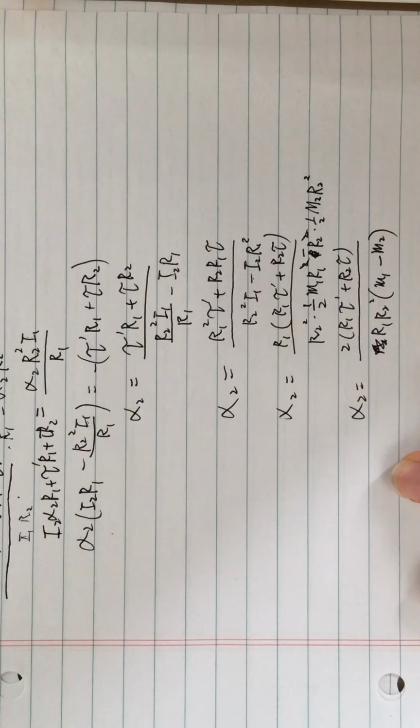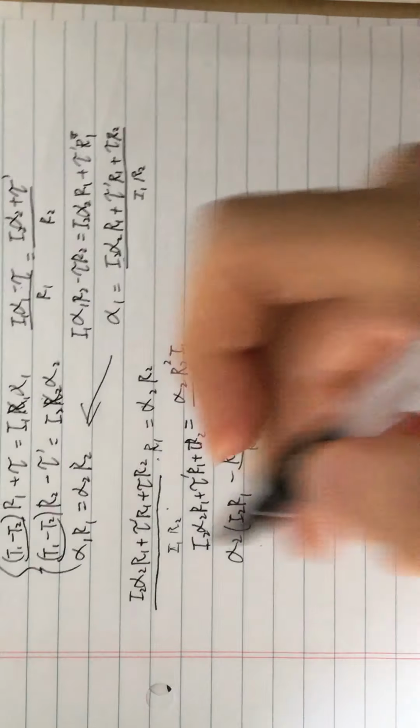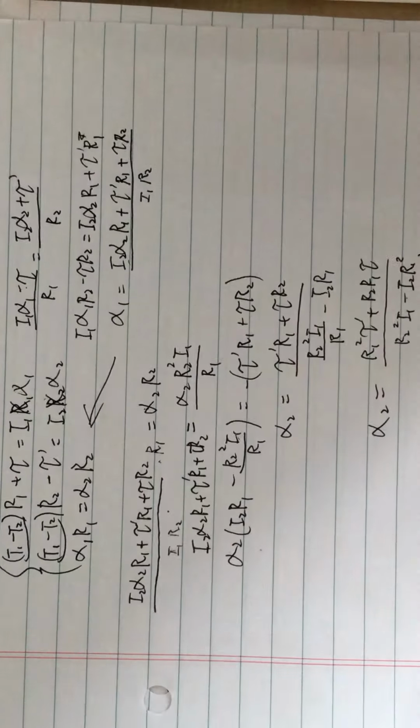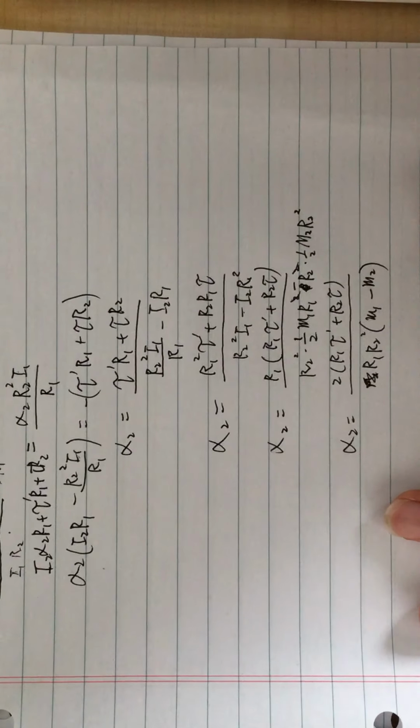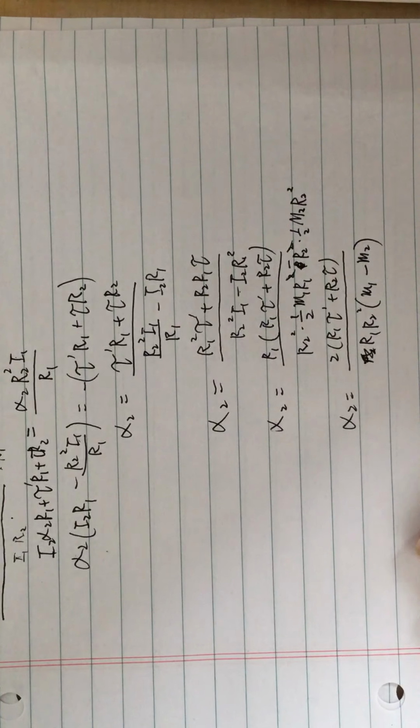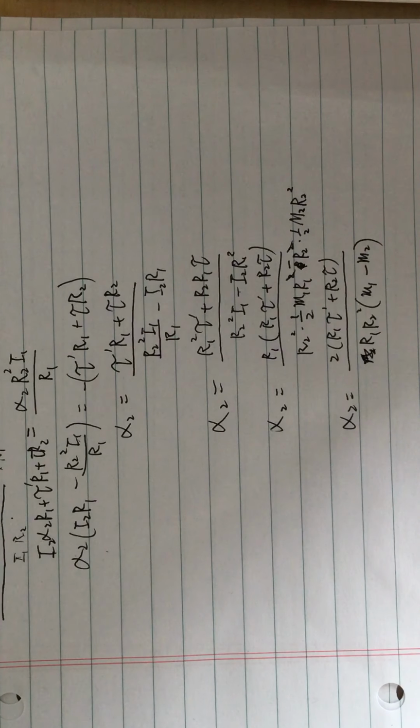Then we can plug alpha 2 into this equation to solve for alpha 1. We multiply alpha 2 by 1 over R1 and then by R2, and we get alpha 1.